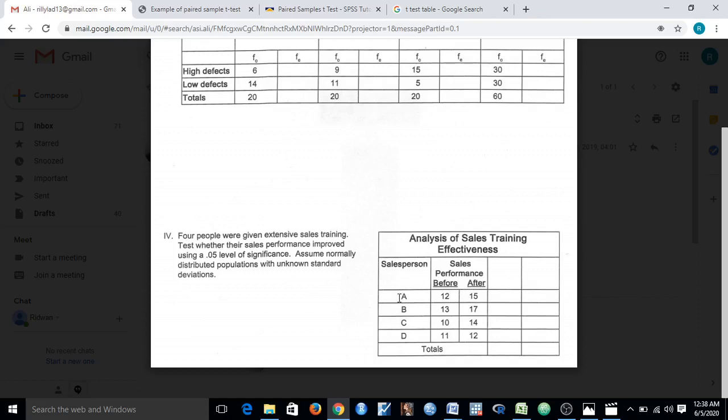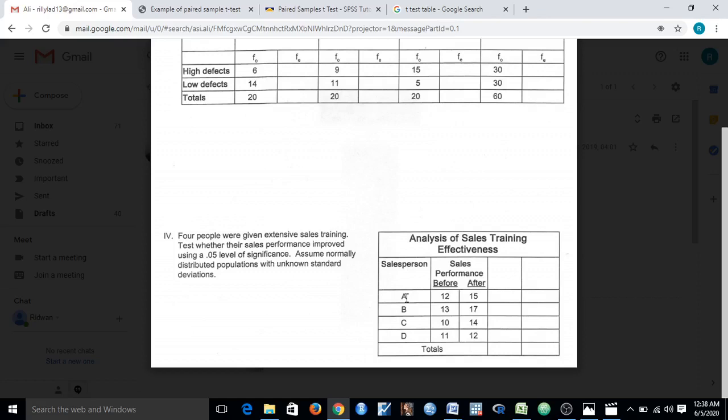So why paired sample test? We use paired sample test because we have two observations for each person. That is, it is a repeated measure for each of the salespeople. That is, one was measured before and after training for the same person.